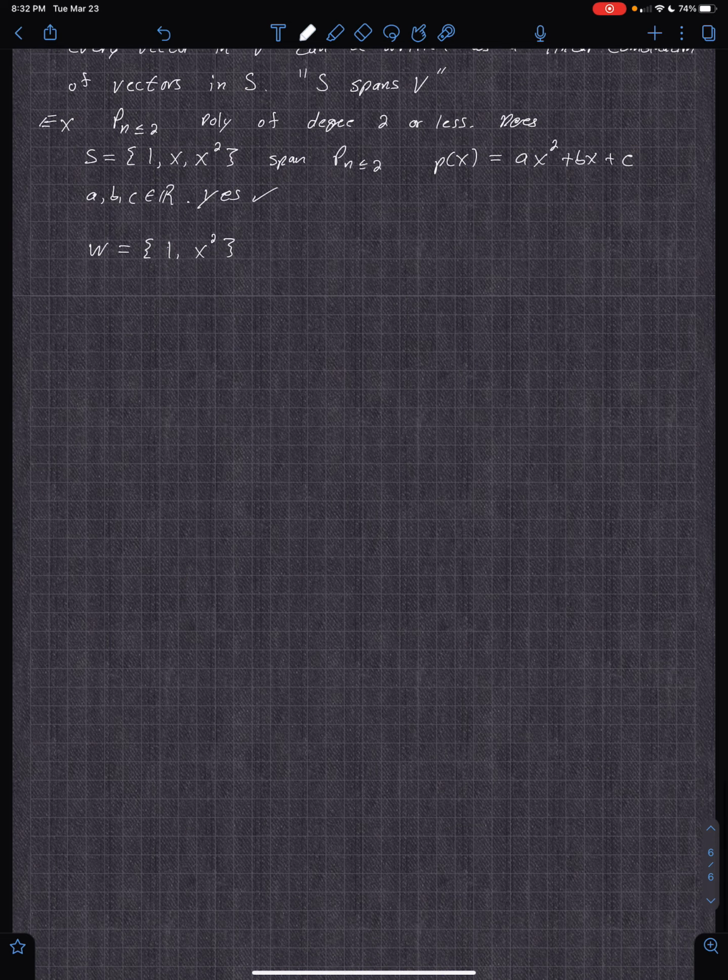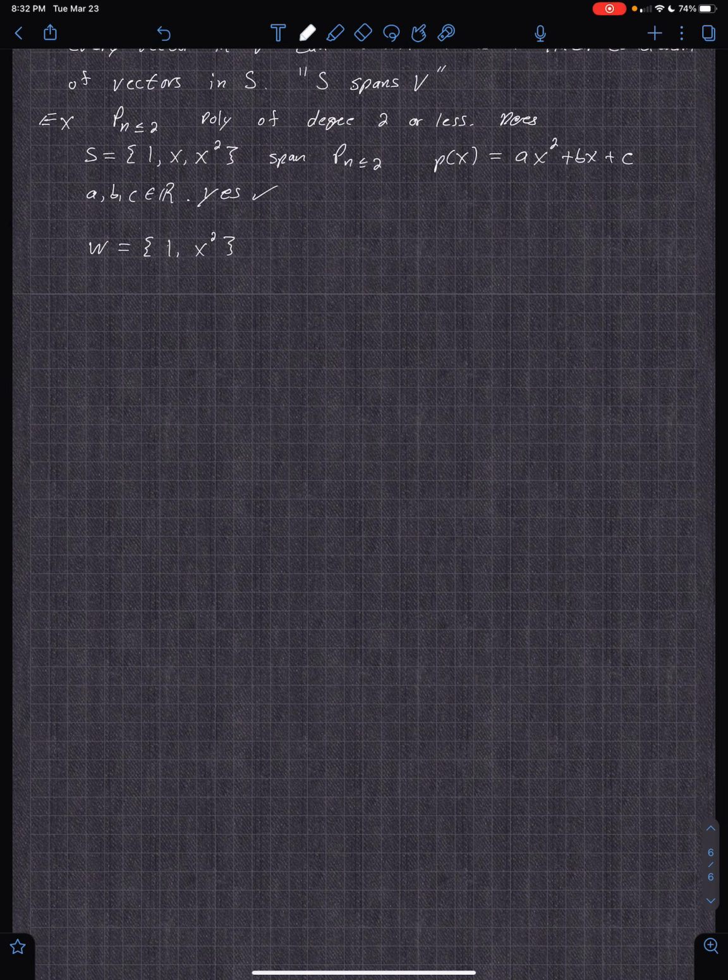Basically you can't. All linear combinations will look like a x squared plus, say, c. There is no x in there. So you are not going to come up with that x.